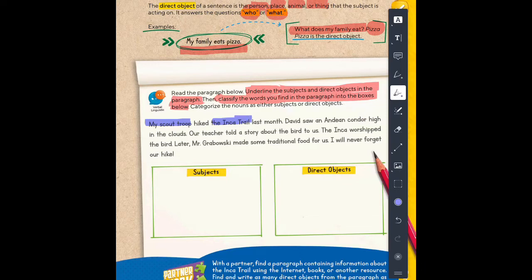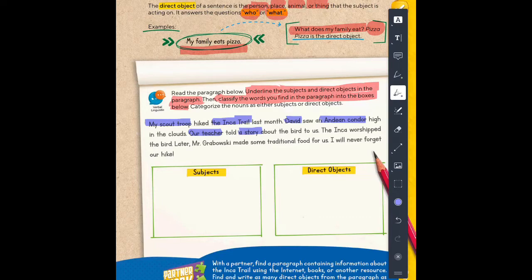David saw an Andean condor high in the clouds. David saw an Andean condor high in the clouds. Our teacher told a story about the bird to us. Our teacher told a story about the bird to us.